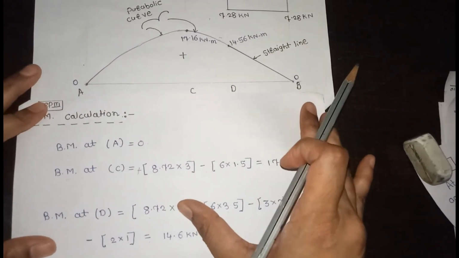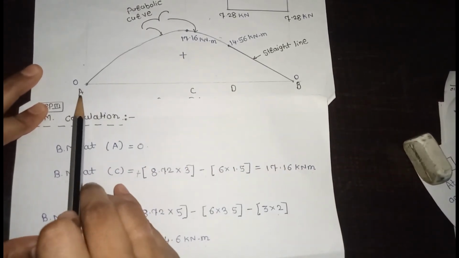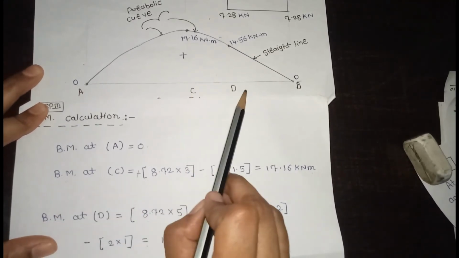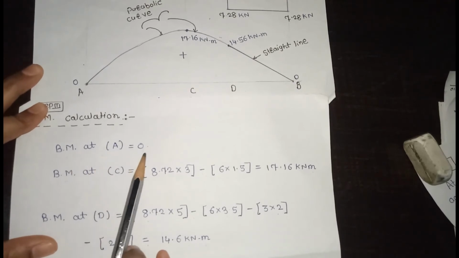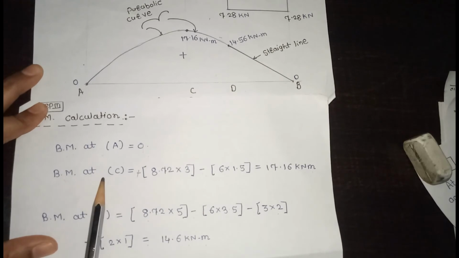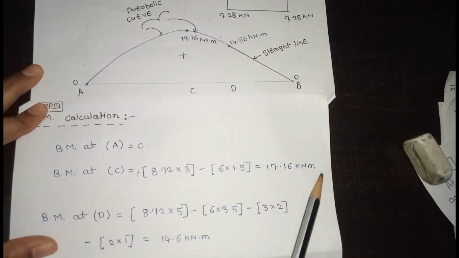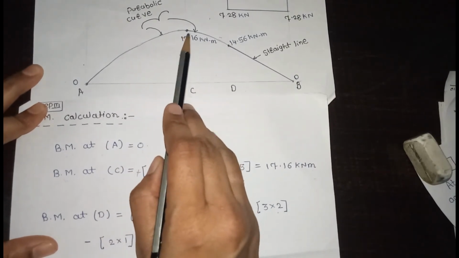See the bending moment diagram. First of all, draw the baseline, then specify the points A, C, D, B. Bending moment at point A is equal to 0. Then bending moment at point C is equal to 17.16.